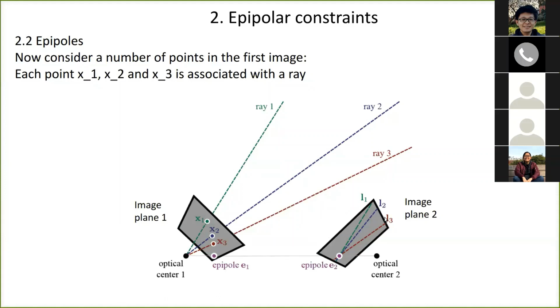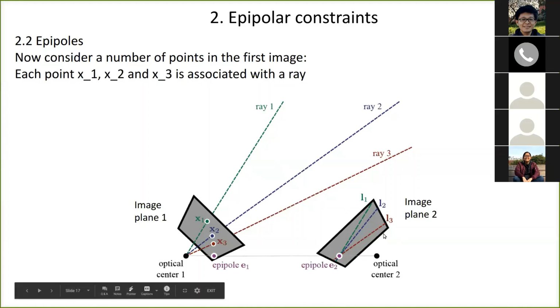So in some cases, epipolar lines will coincide or intersect at the same point inside this image plane. This is called the epipole. We can notice that the epipole e2 is also the projection of the camera optical center of the first view, right? We project this optical center to a different view where we have the epipole.